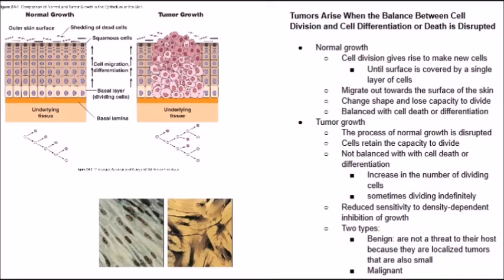Normal cells maintain balance in the basal layer when a new cell is formed and the old cell dies, meaning that the lighter layer is being formed and the darker layer is losing the capacity to divide. In tumor cells, they have no balance to maintain the growth of the cells, which leads to the increasing of dividing cells.